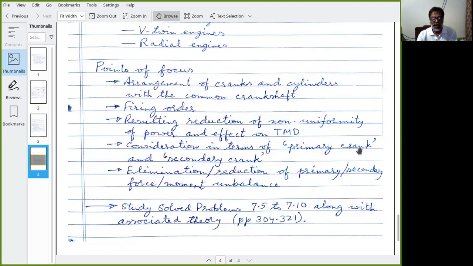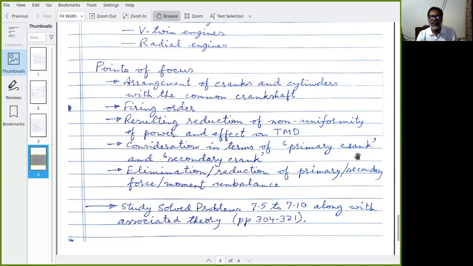And then, as if that is the only term that comes out, calling it a primary term, we study its unbalance. And then rather than considering the cos 2 theta term as a secondary term coming out of this crank itself, physically we pretend as if it is another crank, a fictitious one, rotating at twice the speed.